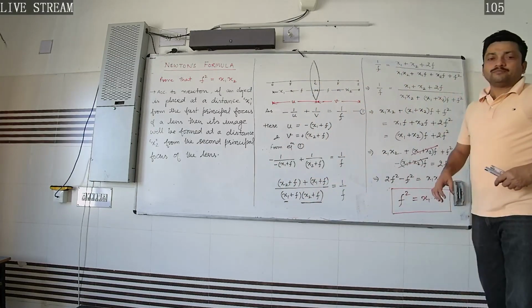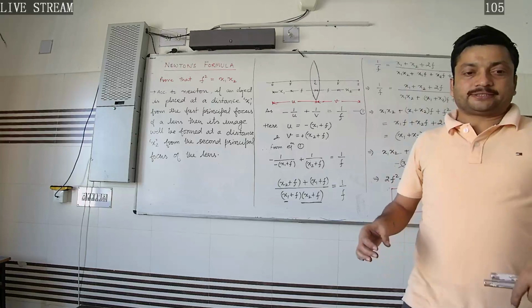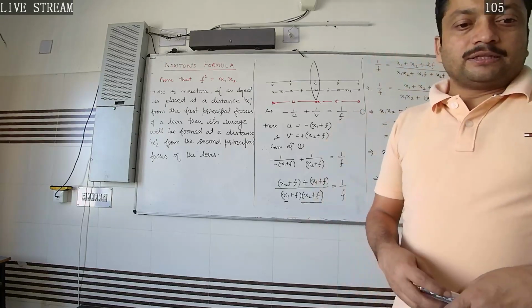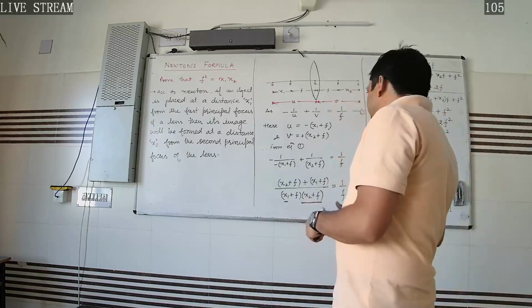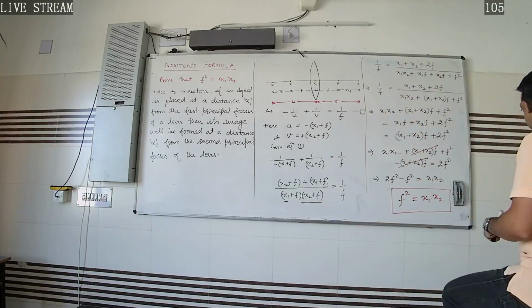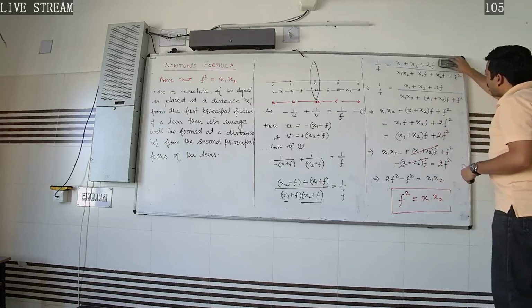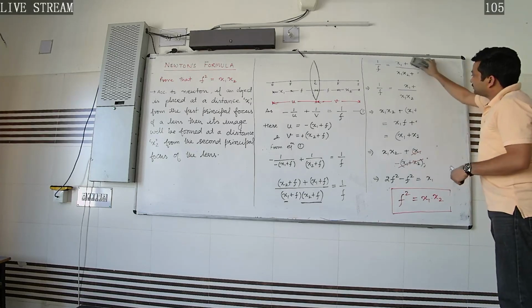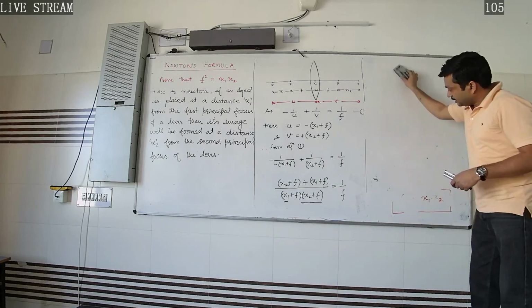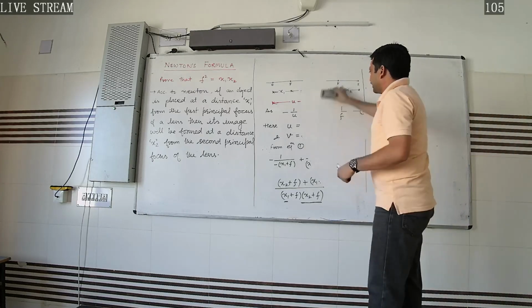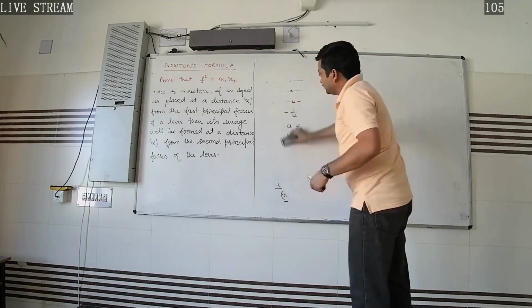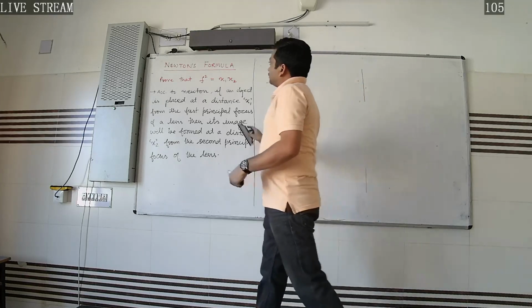The next thing we are going to study, the last topic of this subchapter, is spherical aberrations. What are spherical aberrations and how can we minimize them? Let us study about this. Sometimes this question is asked carrying 2 marks in the annual examination.